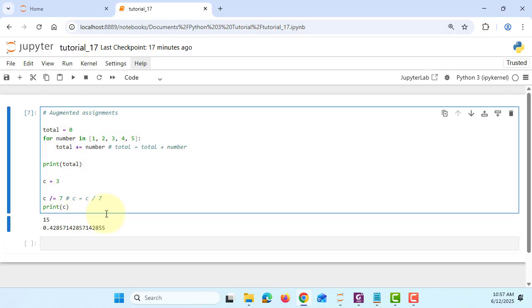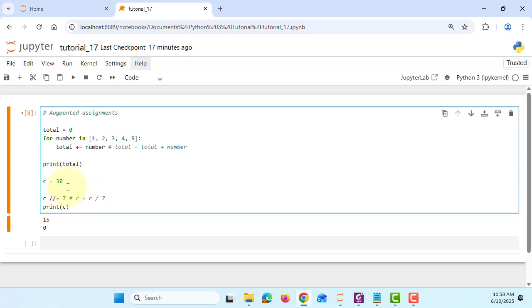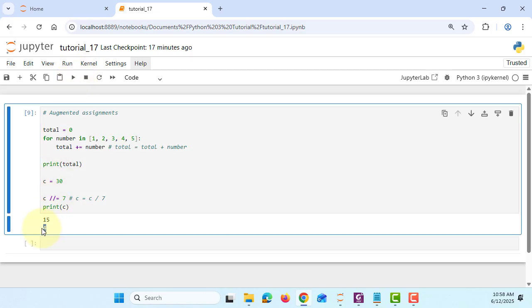Let's say another one. We can use two of them. The previous division returned the decimal points, but this one will return an integer value. So it will round. I know it's not clear, so let's make it a slightly bigger number. Sorry, divide by 7, but we are looking at integer values. 4.